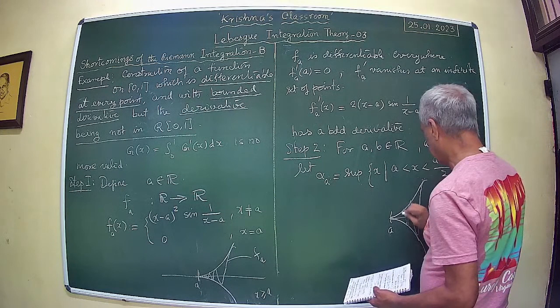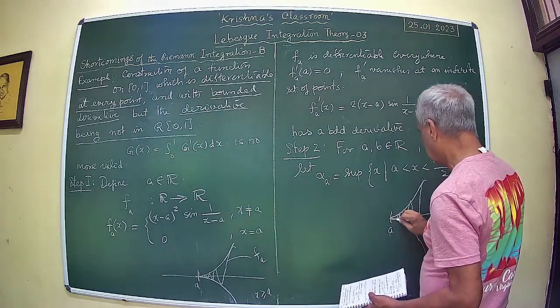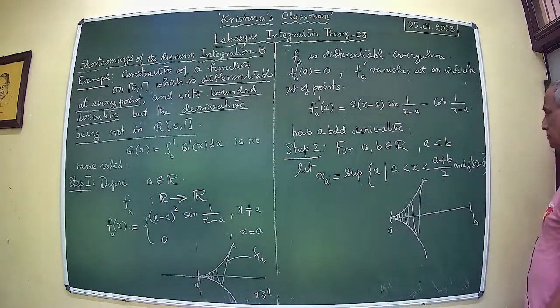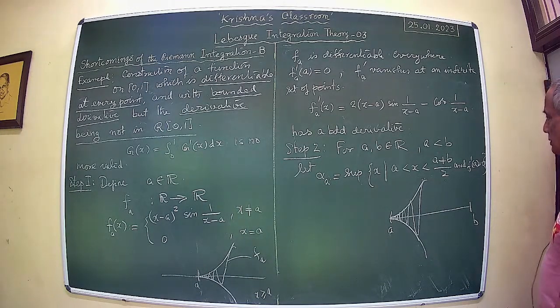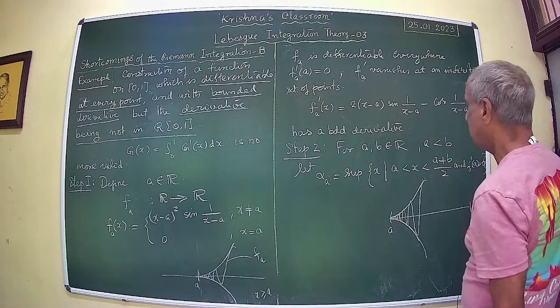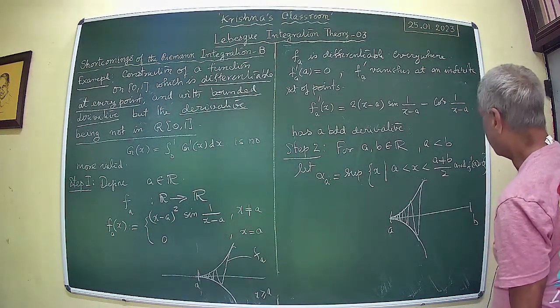Now you see that f derivative is this function, and you see that this f derivative oscillates rapidly.